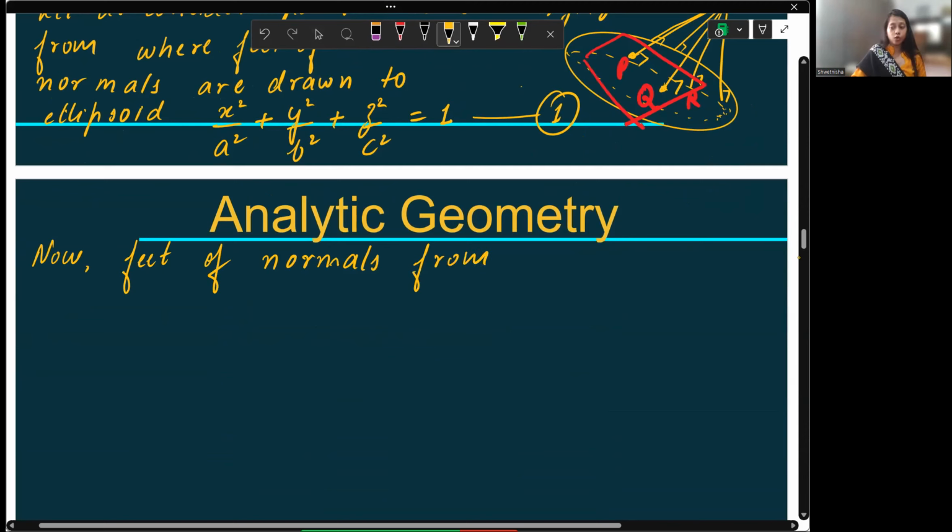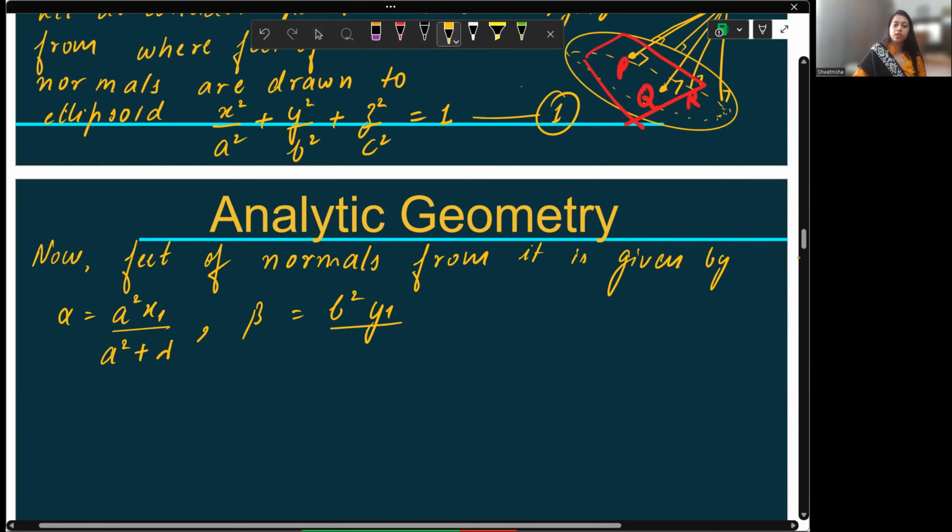The feet of normals are given by alpha equals a square x1 divided by a square plus lambda, beta is given by b square y1 divided by b square plus lambda, and gamma is given as c square z1 divided by c square plus lambda.